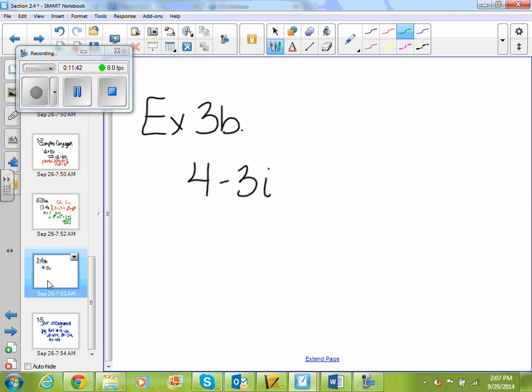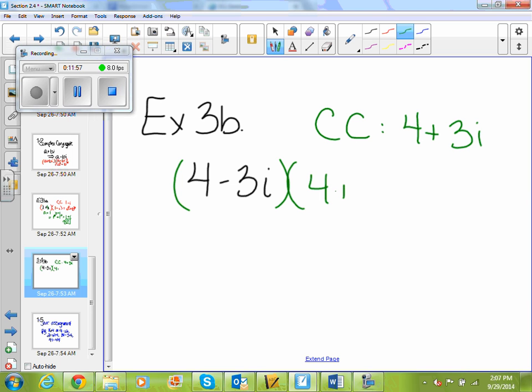So let's do the same thing for 4 minus 3i. If I have 4 minus 3i, what's going to be my complex conjugate? 4 plus 3i. So then if I go to multiply that, it's going to equal a squared plus b squared.